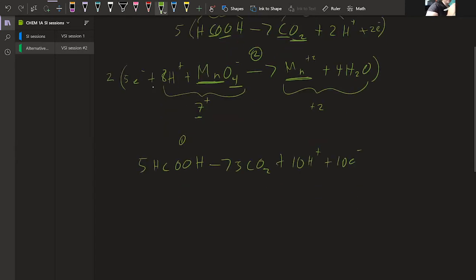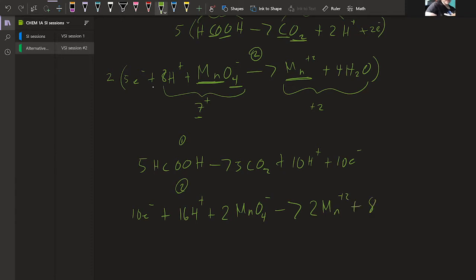And then equation 2, I get 10e− plus 16H+ plus 2MnO4− goes to 2Mn2+ plus 8H2O.